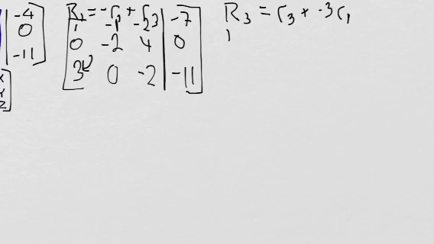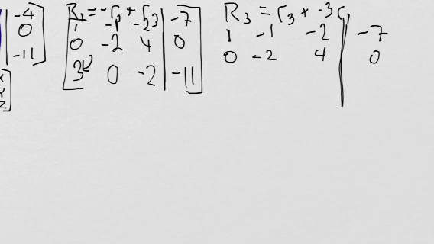So we can write down all the rows but row 3, because that's the only one we're changing. So 1, negative 1, negative 2, negative 7, 0, negative 2, 4, 0, and now we will see what we're going to do for row 3.